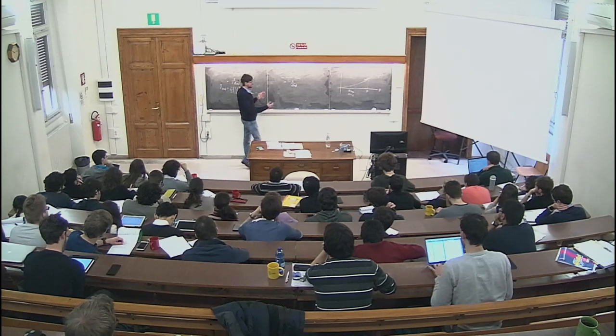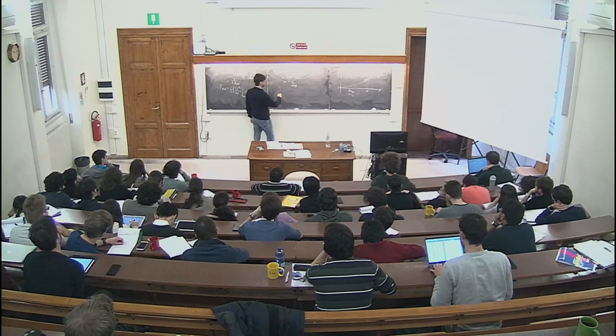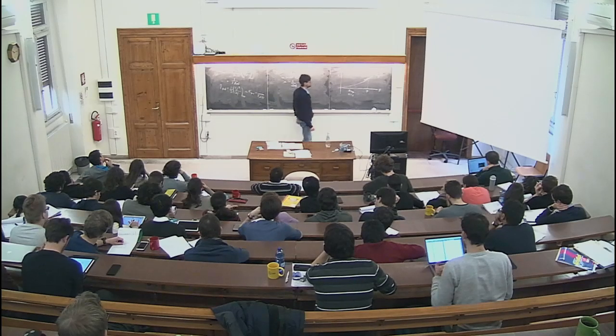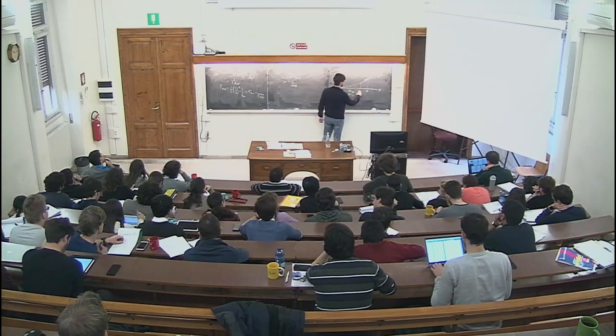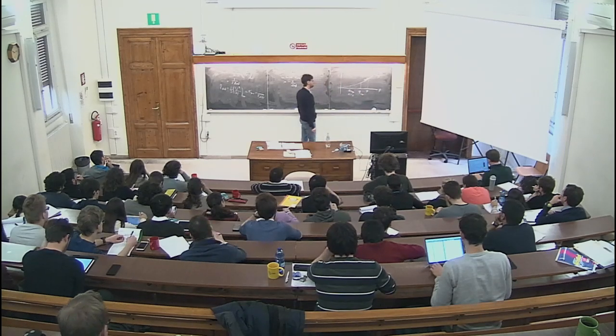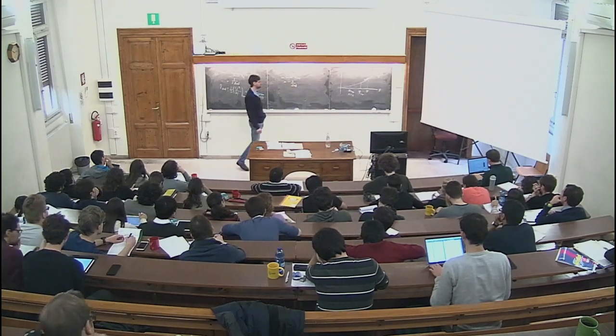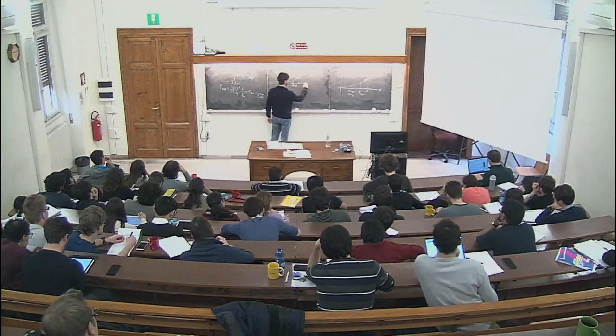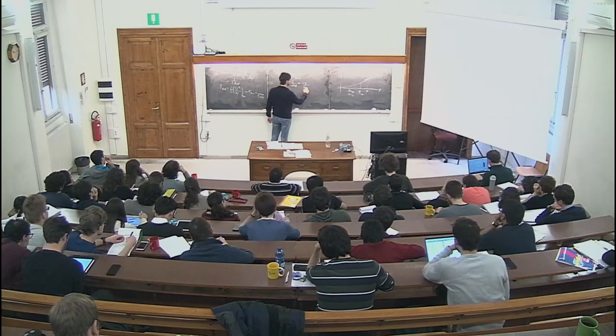But the largest scale is the current horizon, so we can take the plateau for that region, so we take delta n to be equal to 60. So this is basically phi 60, the value that phi gets when there are 60 e-folds to go, and we put a number here. So this is minus 2 divided by 60.